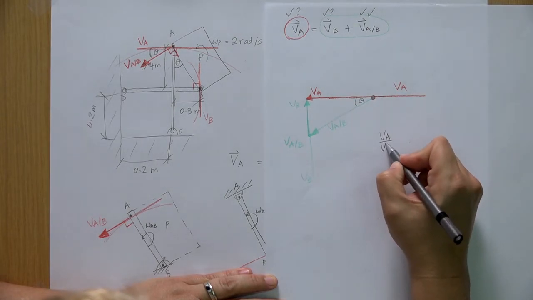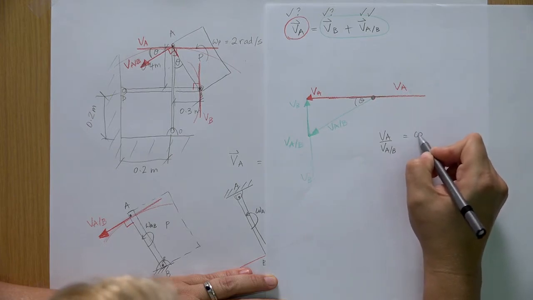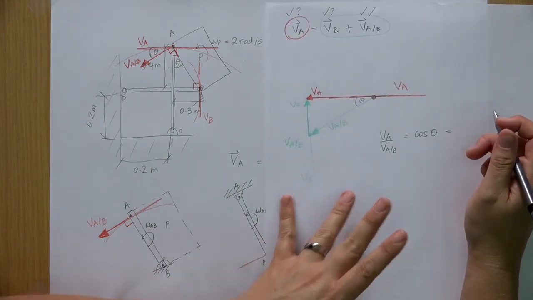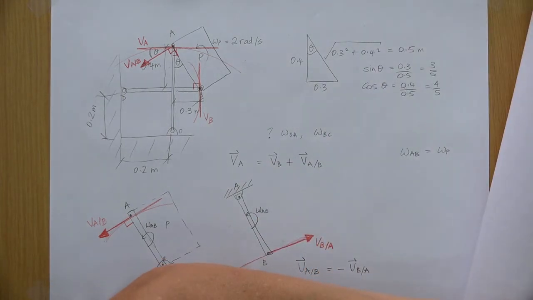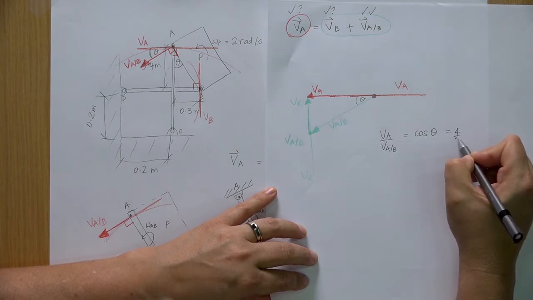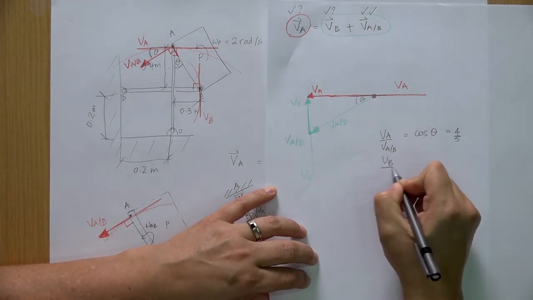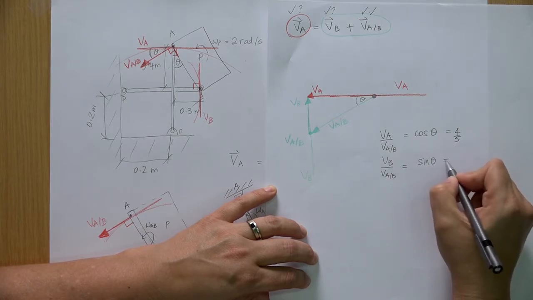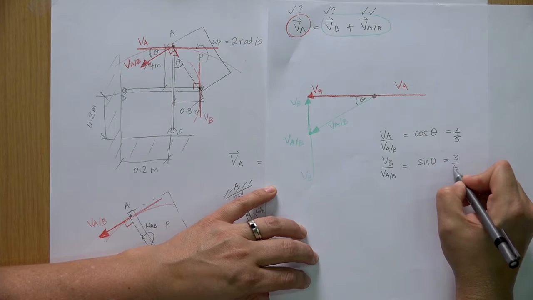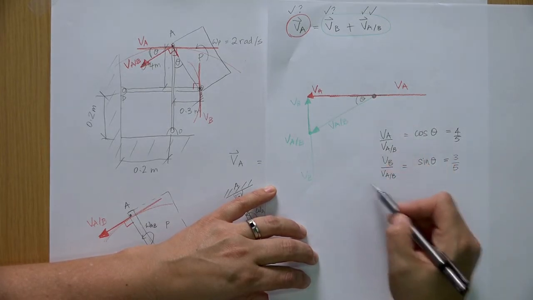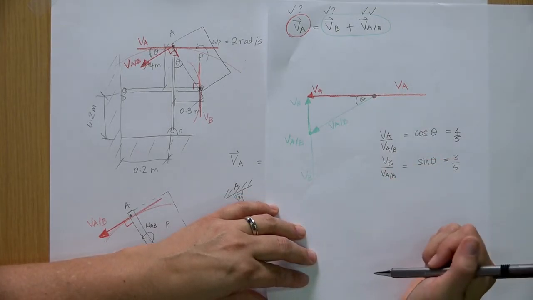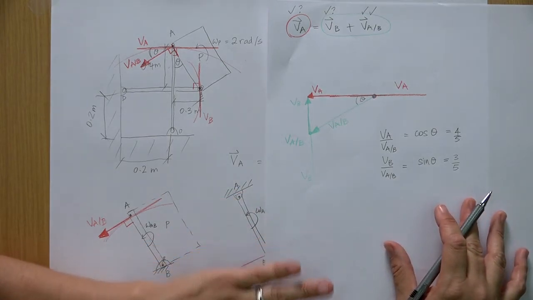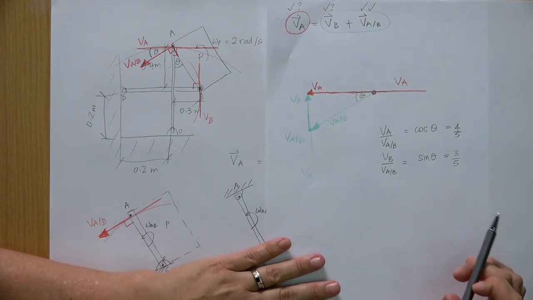V of A over V of A relative to B is cosine theta, which I've already worked out is 4 over 5. V of B over V of A relative to B is sine theta, which I've already worked out is 3 over 5. So I can work out V of A relative to B and solve for these. So this is the geometry method of solving relative velocity problems.